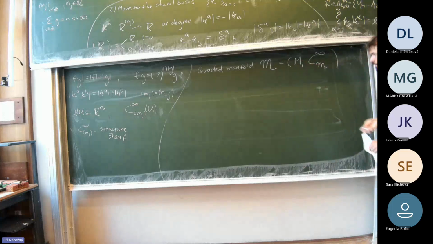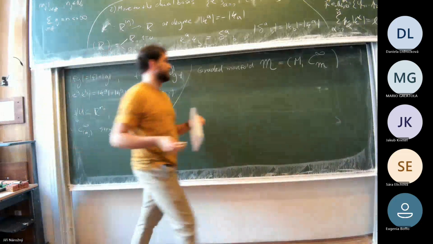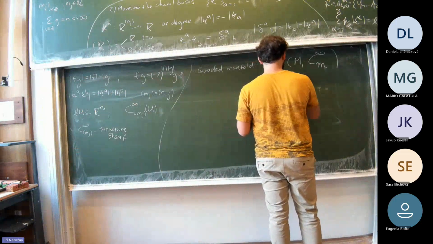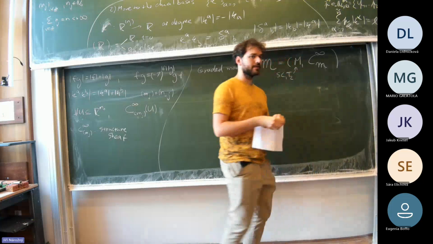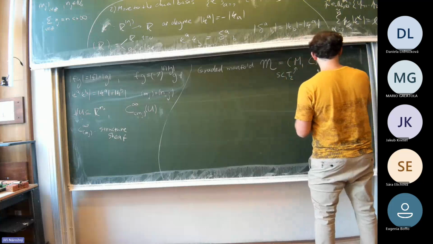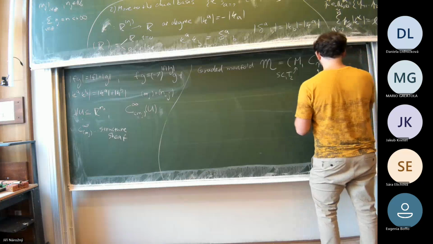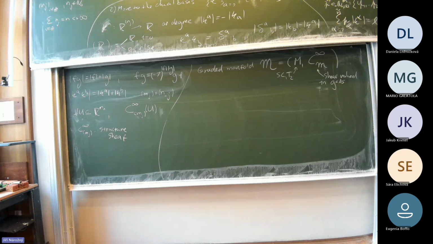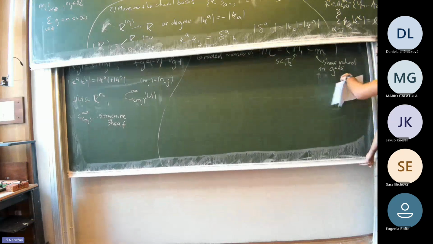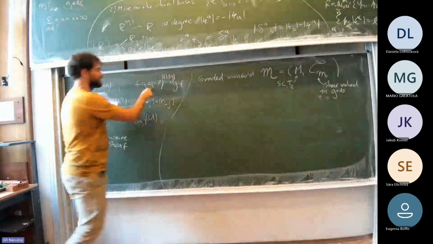This is a second countable Hausdorff topological space over here, and this is a sheaf valued in graded commutative associative unital algebras. Right, so graded algebras that have a unit and that are associative, that behave like this.